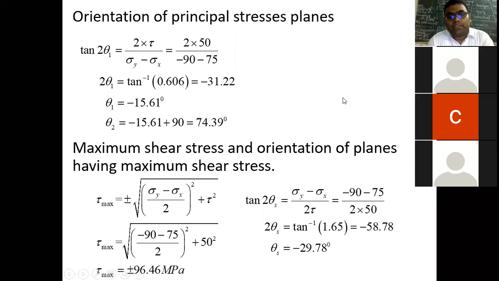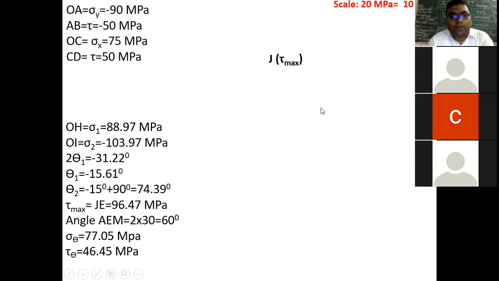Now come to the next method. Okay, my dear students, please try to understand. This one is really important. The Mohr circle method is important. It takes a little time to solve a big problem, but sometimes the question itself mentions that you solve by the Mohr circle method, so you have to use it. If the question does not mention any method, you can use either the analytical method or the Mohr circle method.